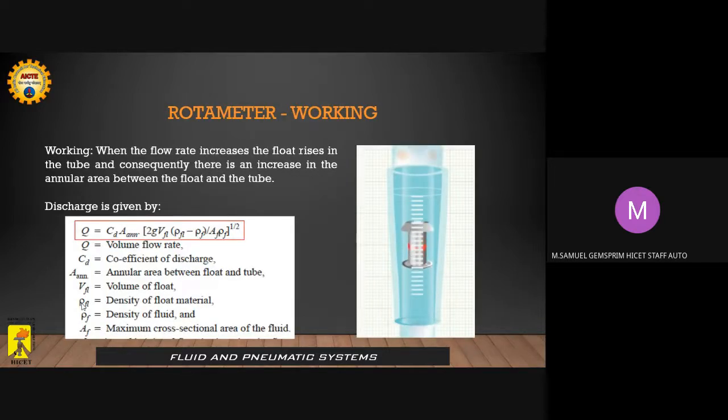So in the animation, we can very easily see the float floating because of the fluid's pressure. Since the pressure is pushed from the bottom side, the float is floating. Thereby, you can see the graduated scale, which shows us the flow.